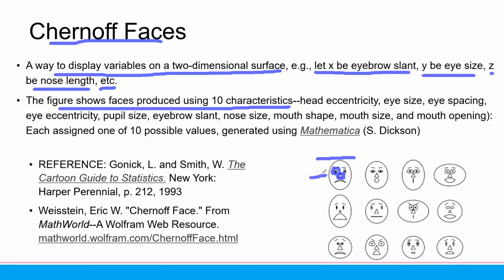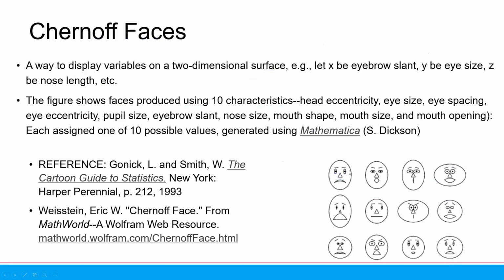You can see the head eccentricity is different. This head and this head is different. And the eye size, eye spacing. Between the two eyes, it has some distance, so it means they have different values. And then the eye eccentricity, the shape of the eye. Pupil size. You can see the dot. This is very small. This is a bit bigger. Eyebrow slant.